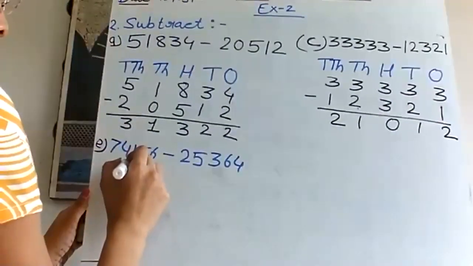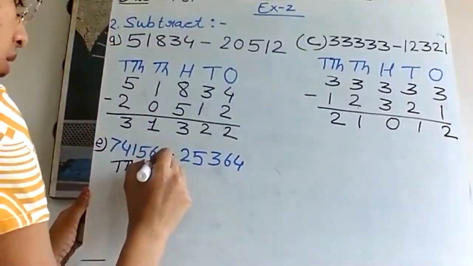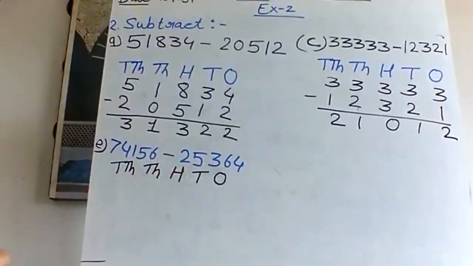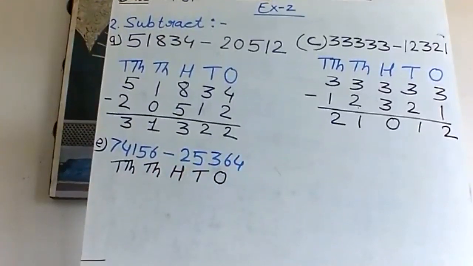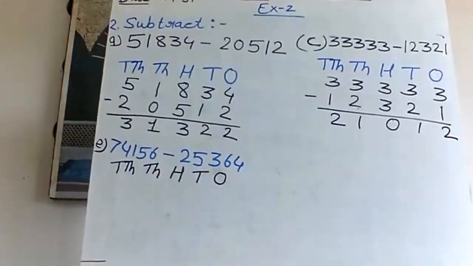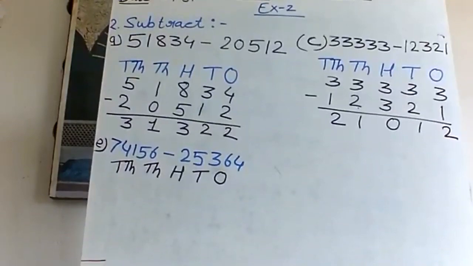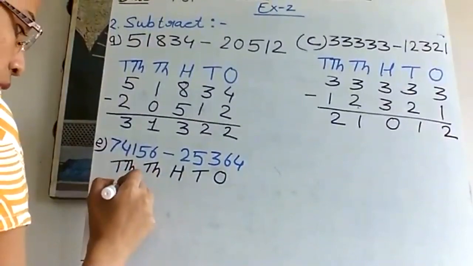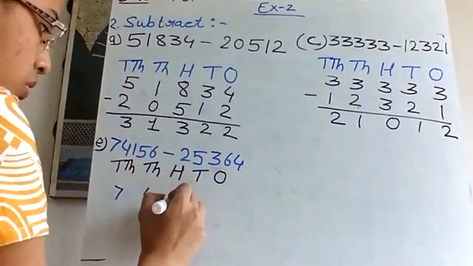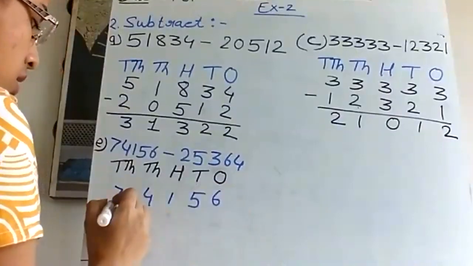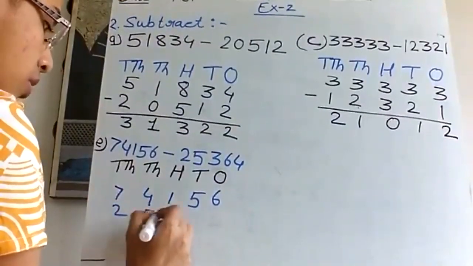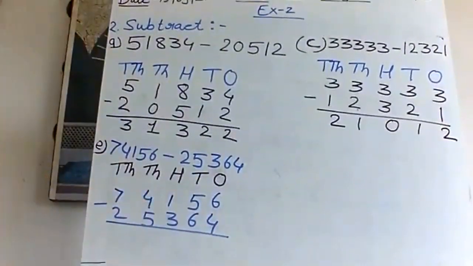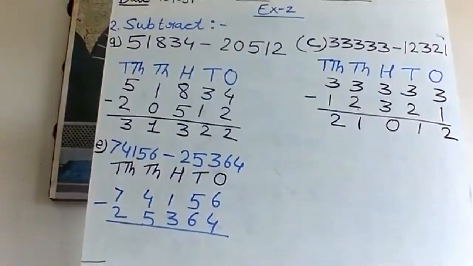That is 10,000, 1,000, 100, tens and ones. Now leave one line, leave space. After leaving one line, write down the number. Okay. 7, 4, 1, 5, 6. Next number is 2, 5, 364.